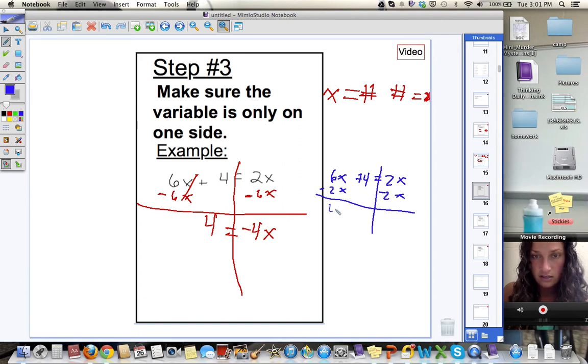Then you would have 4x plus 4 equals 0. Up here I have a number equals a letter, 1 term. Here I have 2 terms and 1 term, which is just the same as this. It didn't really do much. That's why I always move one of the terms on the side that has 2 terms.